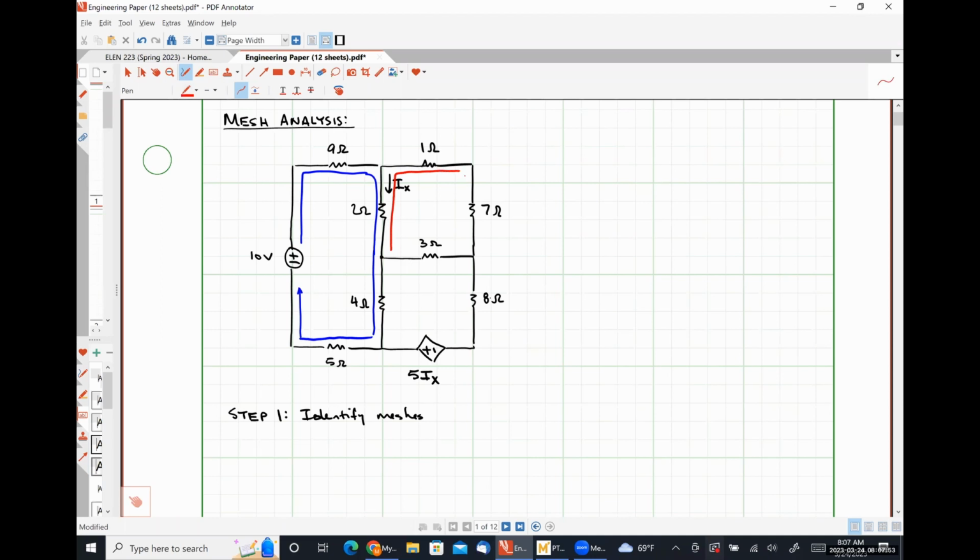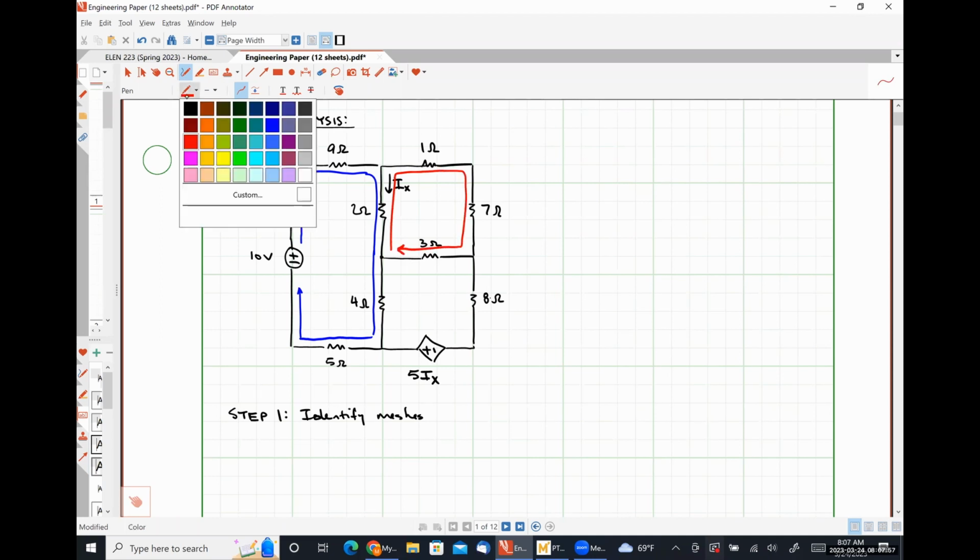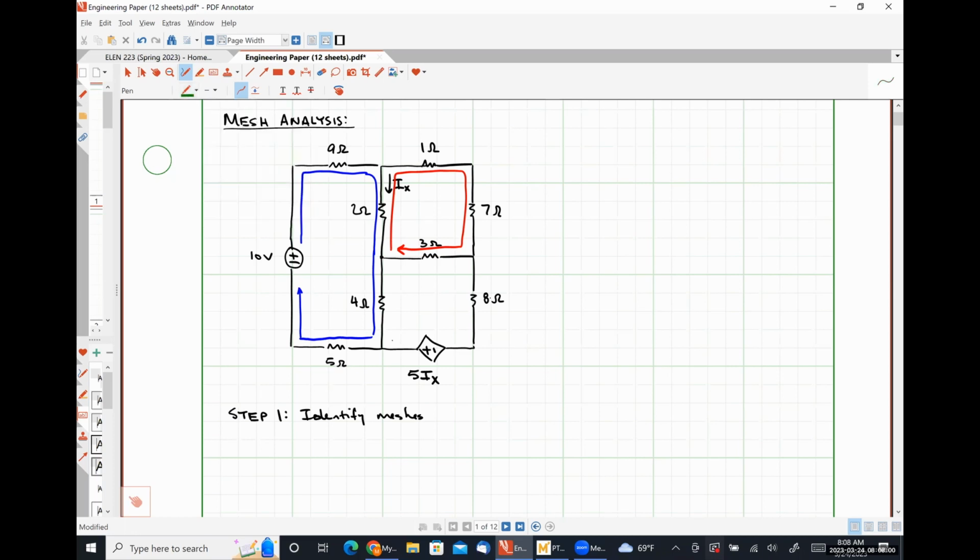We will have this mesh, and of note here is that I am very much indicating a direction. We'll talk about that in a moment. And this mesh. Today is pretty much the only day you're going to see me identify my meshes like this because I want to make it very, very obvious the path that we are taking.